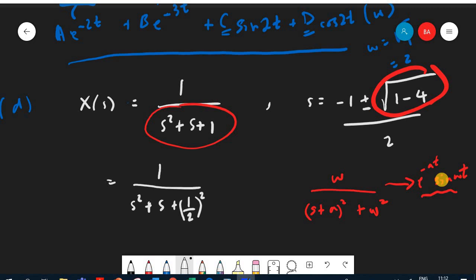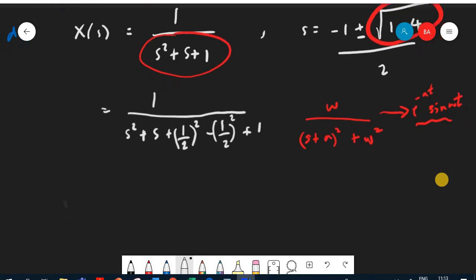So we add that number, so I can have s plus 1 over 2, the whole thing squared, and I subtract that number as well. It's like adding 0, and that is plus 1.